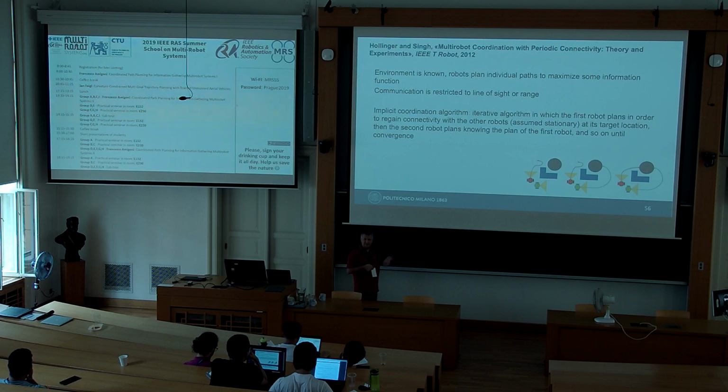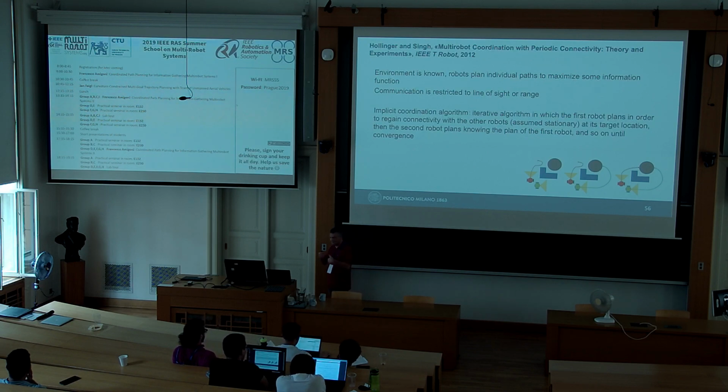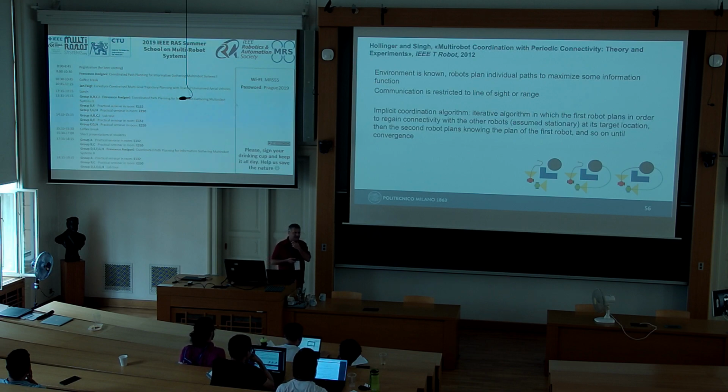And then this is iterated. So the first robot plans, fixes the plan of the second robot and so on until convergence. And they will converge to usually smart paths for collecting information and being in communication with each other at the end of this.